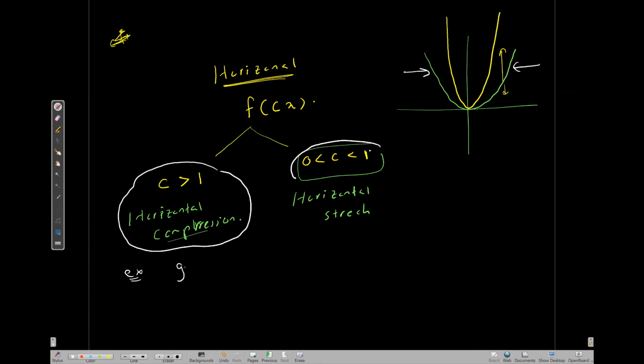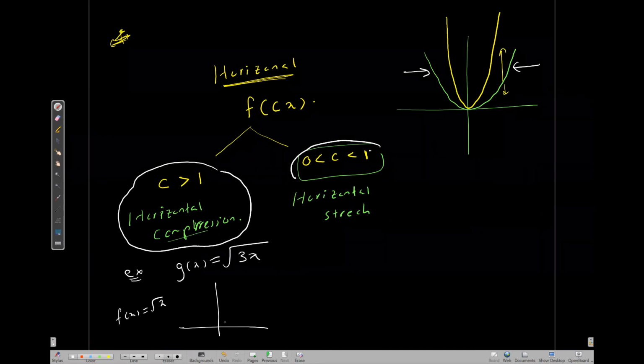Now let's see an example. Let's say g of x is square root of 3x. Our base function, let's say f of x is root x, and it looks like this. According to this theory, the 3 is like c greater than 1, and it's inside our function.